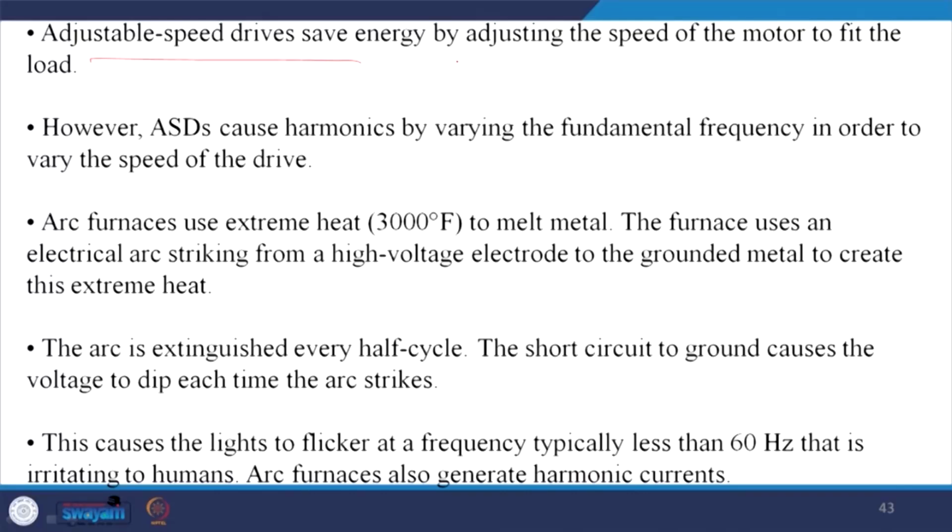And another element, these are adjustable speed drives, which save energy by adjusting the speed of the motor to fit the load. Generally, it is V/F control or vector control. So, it can generate variable speed, and you may require constant torque, for example in hoisting. Then it is a perfect match, but essentially we have a constant frequency supply.